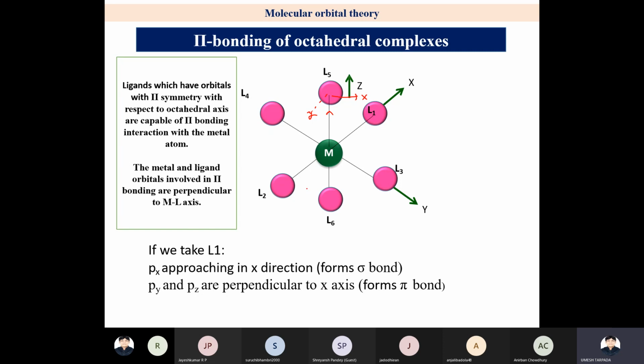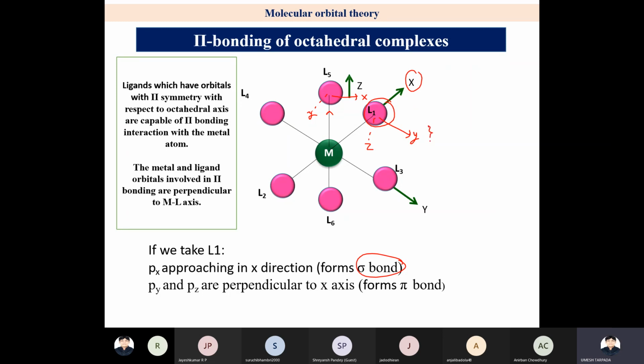If we take ligand L1 here, this is L1. So Px is along the axis, and that's why the sigma bond is formed. This is a Px which is along the x-axis, and therefore it forms a sigma bond. But Py and Pz orbitals are perpendicular to the x-axis.